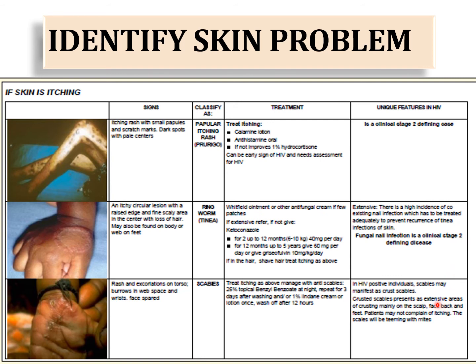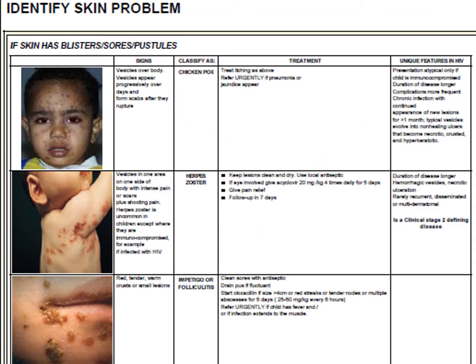For scabies, in HIV-positive individuals, scabies may manifest as crusted scabies. Crusted scabies presents as extensive areas of crusting mainly on the scalp, face, back and feet. Patients may not complain of itching. The scabies will be teeming with mites. This is the next slide.